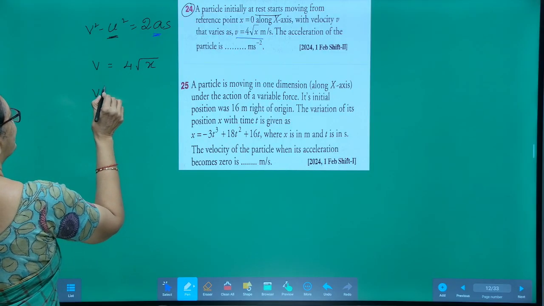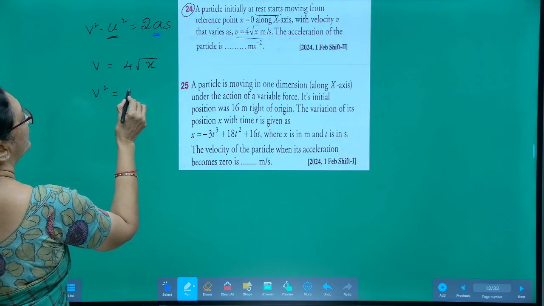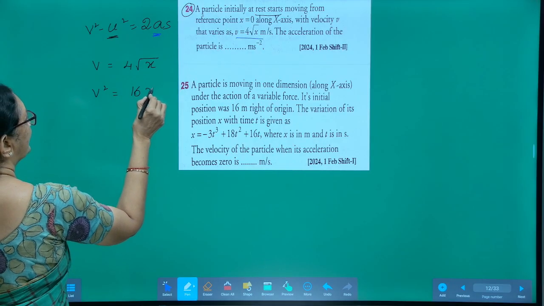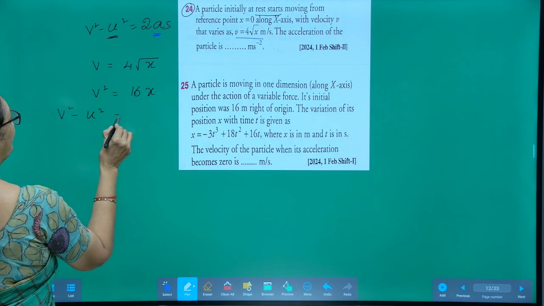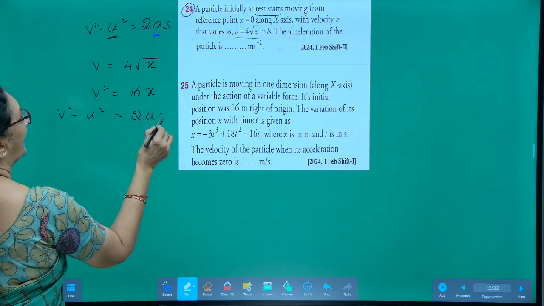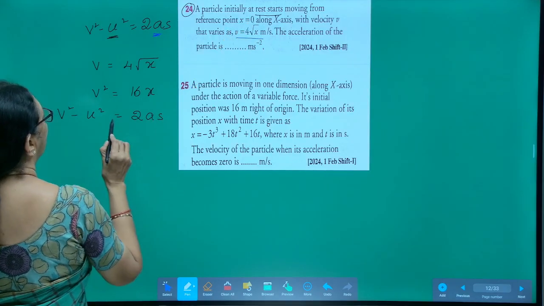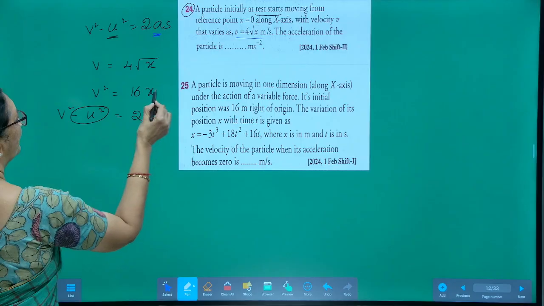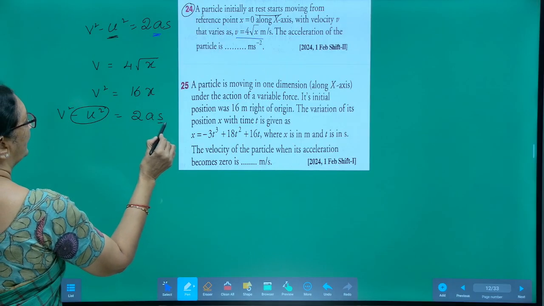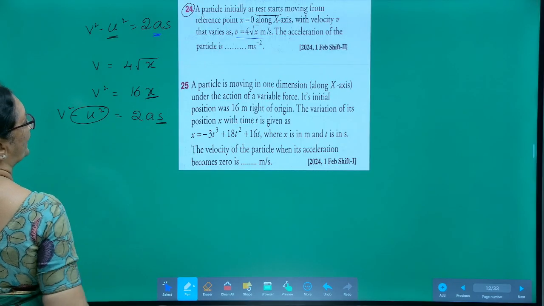Squaring on both sides, v square is equal to 16x. If you compare this equation with v square minus u square is 2as, in this problem the body started from rest, so u is 0. Displacement here is expressed as x.